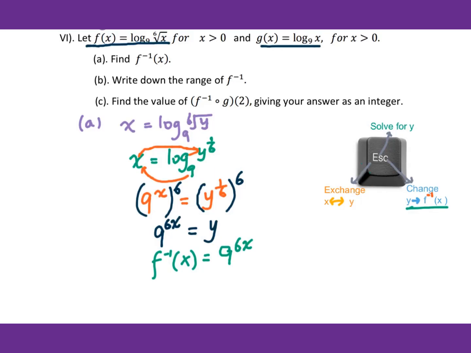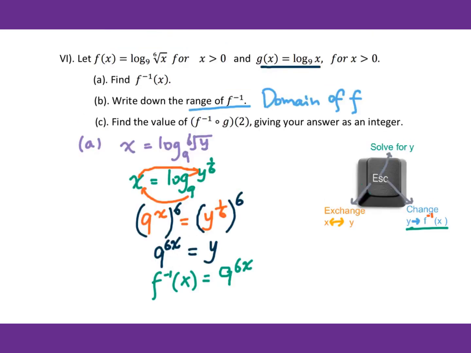For B, write down the range of the inverse function. The range of the inverse function is the domain of the original function. For the domain of the original function, go back to f of x. The domain of f is where the argument is greater than 0.